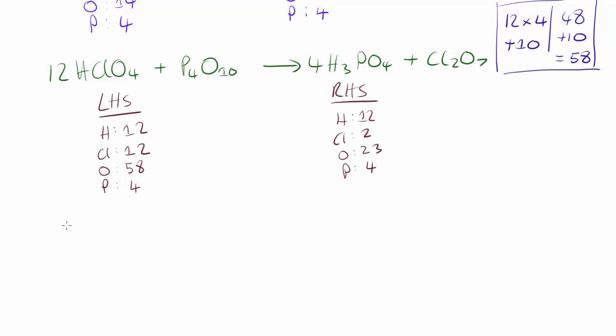So for oxygen, it would be a bit more complicated, although that can also be worked out. So for example, for oxygen, you have 4 times 4. So if you did 23 minus 16, right, it should in effect be 7, right?